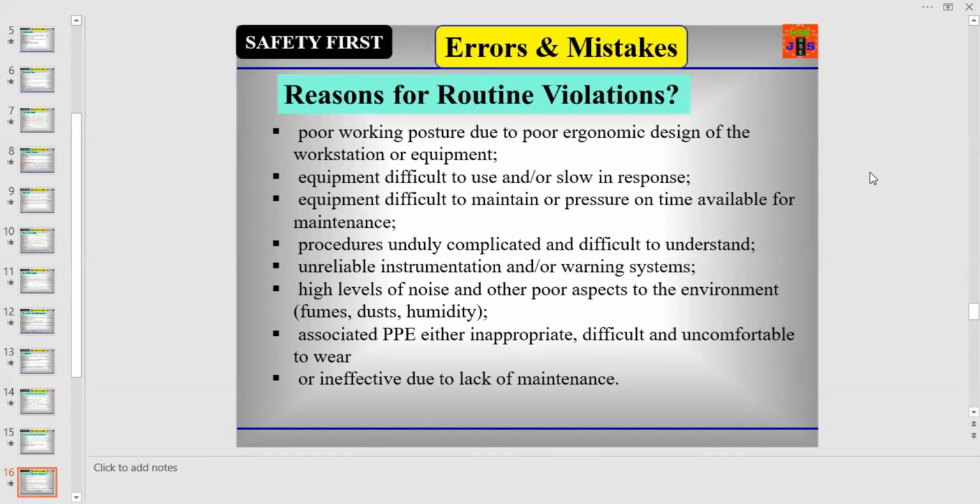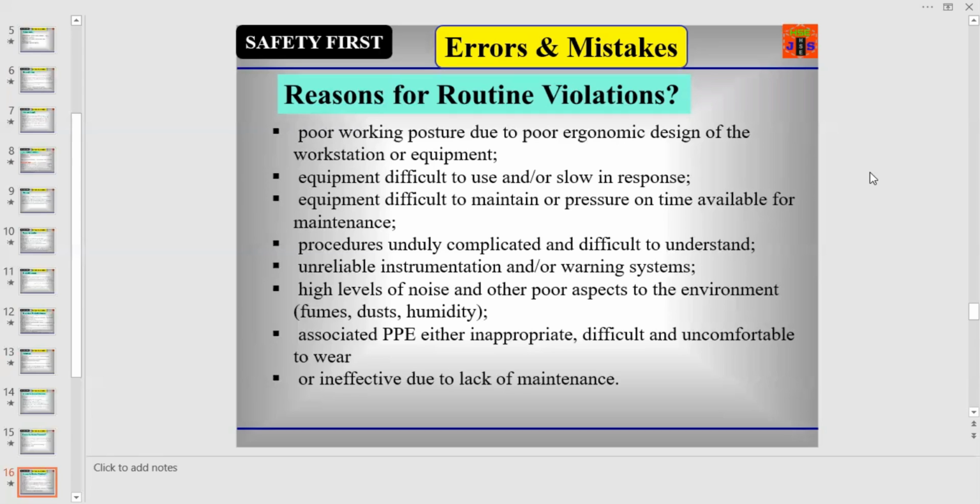Poor working posture due to poor ergonomic design of the workstation, equipment difficult to use and slow in response, equipment difficult to maintain, or pressure on time available for maintenance, procedures unduly complicated and difficult to understand, unreliable instrumentation and or warning systems, high levels of noise and other poor aspects to the environment such as fumes, dust and humidity, associated personal protective equipment either inappropriate, difficult and uncomfortable to wear, or ineffective due to lack of maintenance.